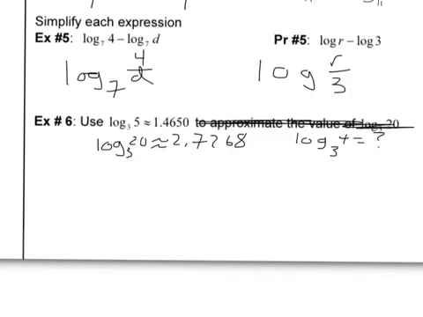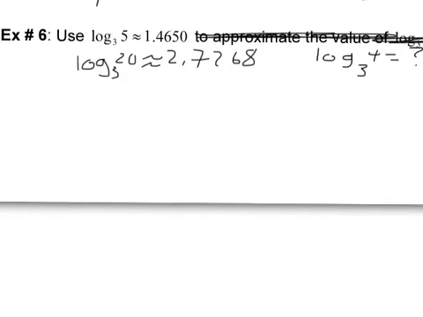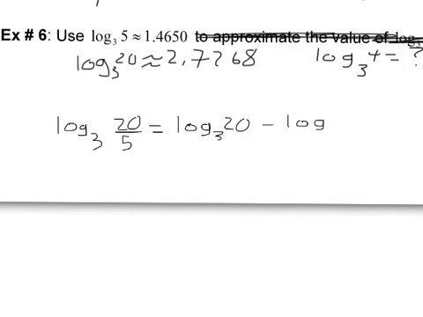Okay, well, think about what we just learned. How could we get to 4? We have a 20, we have a 5. Isn't that the same thing as 20 divided by 5? Isn't that a 4? So we could say, hey, log base 3 of 20 divided by 5 is the same thing as log base 3 of 4, which means that's the same thing as log base 3 of 20 minus log base 3 of 5.